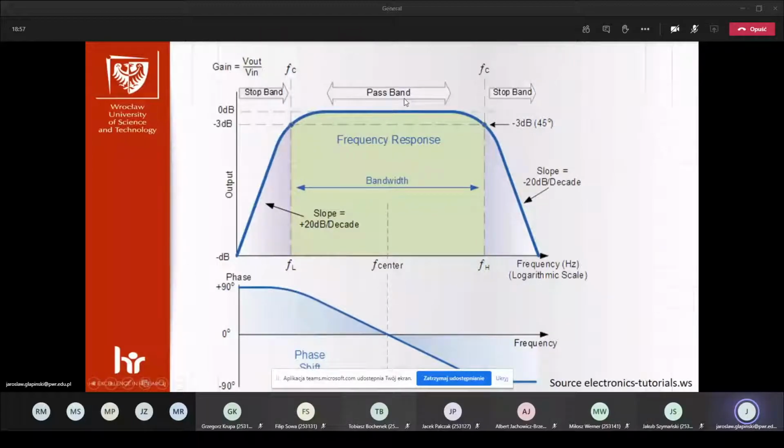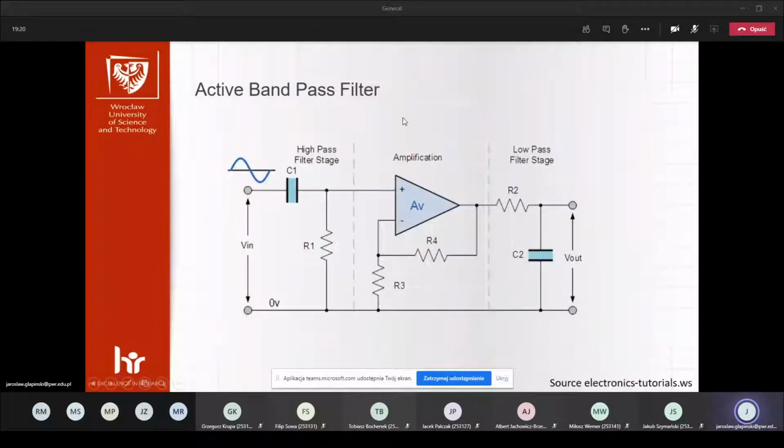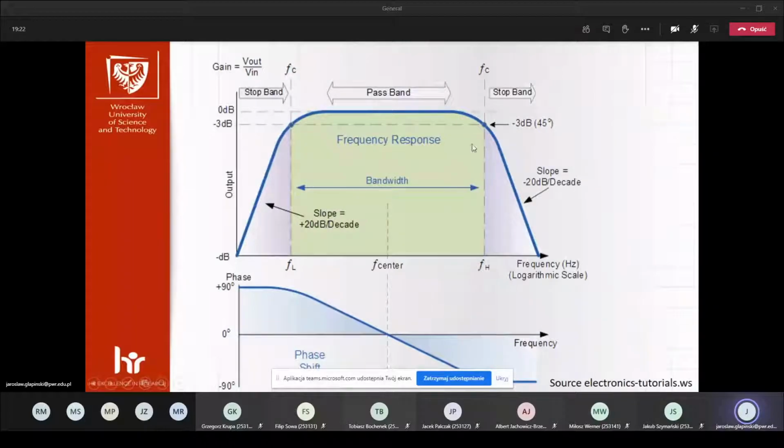This is called the pass band. These are the frequencies that the signal will pass through the filters without any distortion, without any changes. So this is the bandwidth of the filter, and we can calculate it.